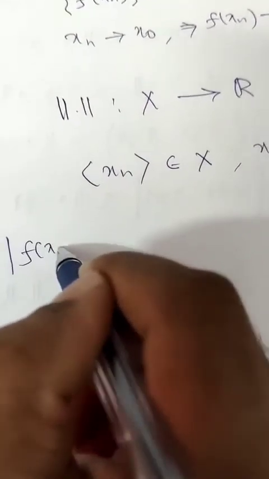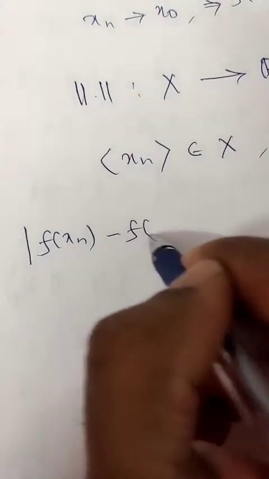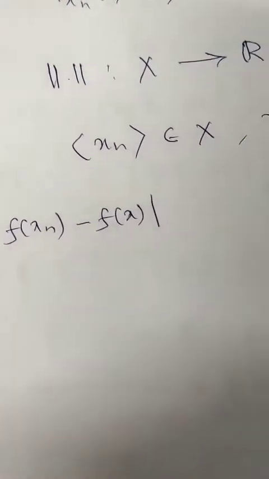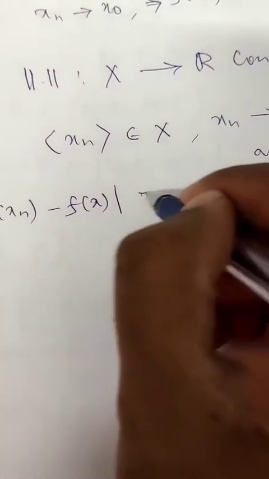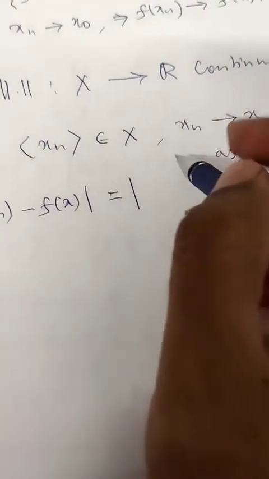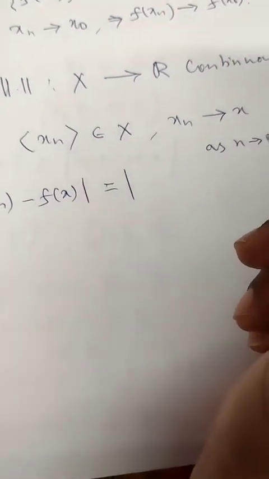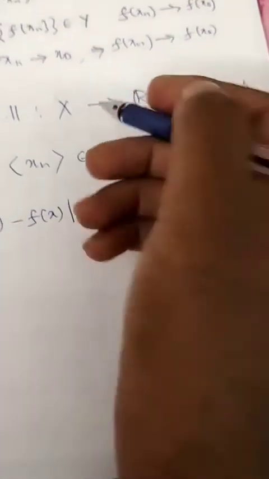Now we consider the absolute value of f of xn minus f of x. So this is equal to f of xn, according to our definition, where the norm is a continuous function.